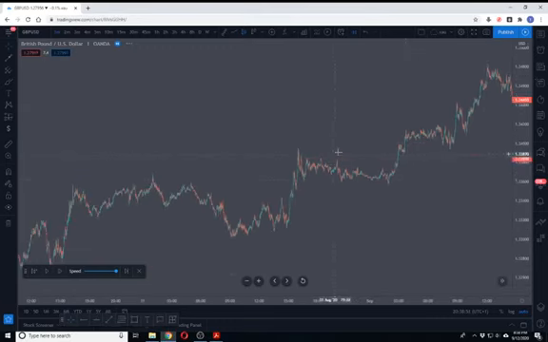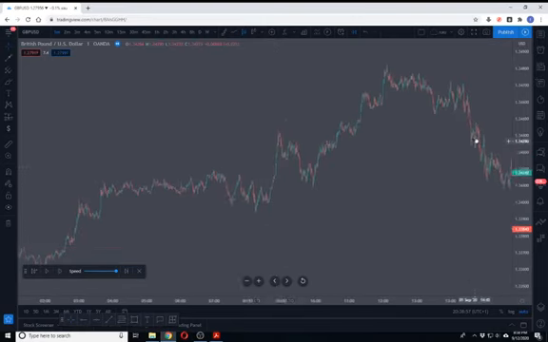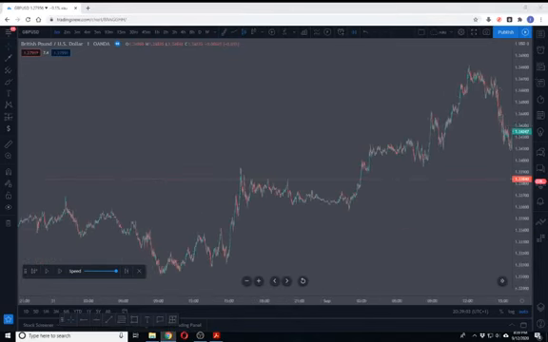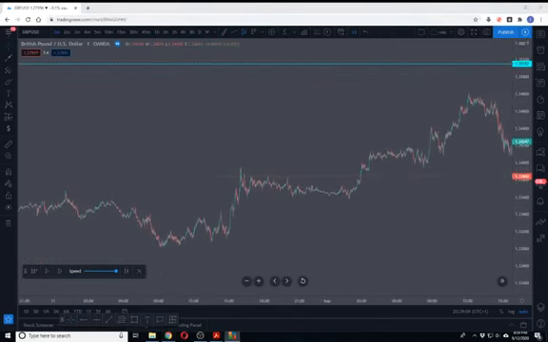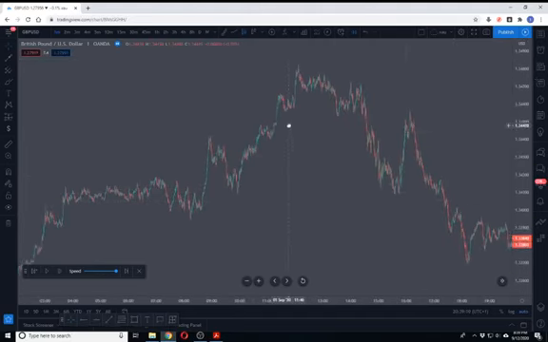Now on the 1 minute time frame, price just keeps moving up, keeps moving up, and it makes its way to a point of structure, a point of interest at the top there.